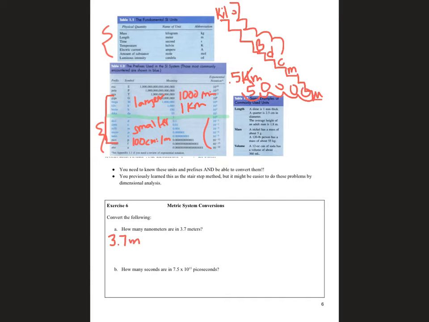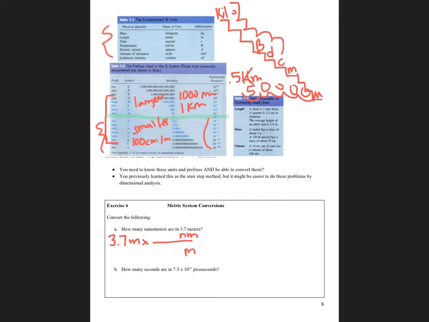So if I have 3.7 meters, what I'm asking you to do is convert from meters. So meters would have to go on the bottom to cancel, and you would have to go to nanometers. Again, I think of the smaller unit as having the number with it. So when I look at nano in the chart up above, it says 10 to the negative 9th.